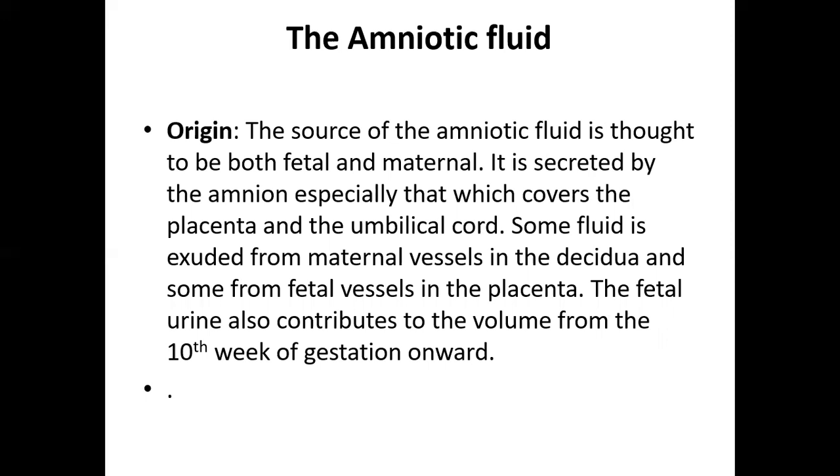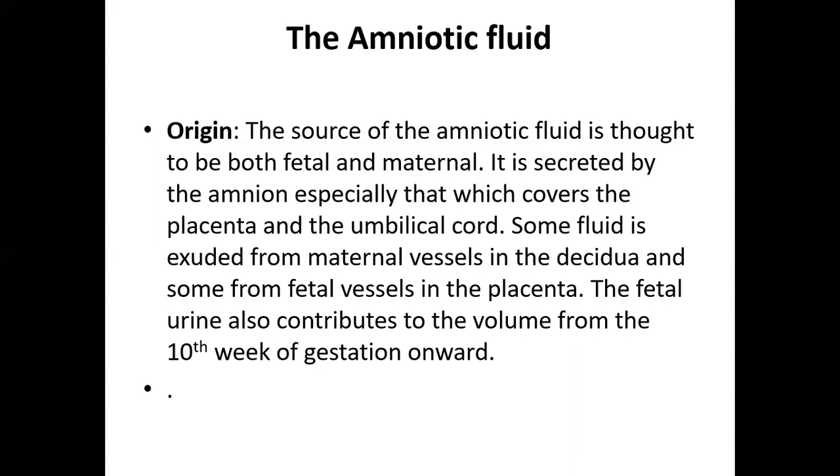Now, apart from there, ultimately, the amnion itself, the inner layer, is critical in the production of the amniotic fluid. Now, the fetal urine also contributes to the volume from the 10th week of gestation onward, meaning when the fetus is urinating in utero, it will contribute massively to the volume of the amniotic fluid.